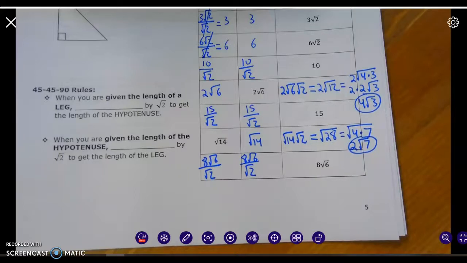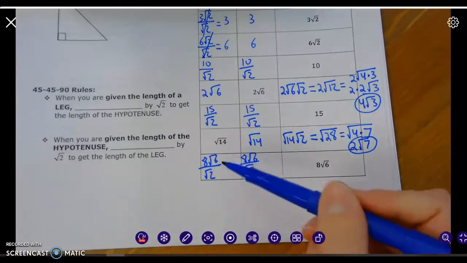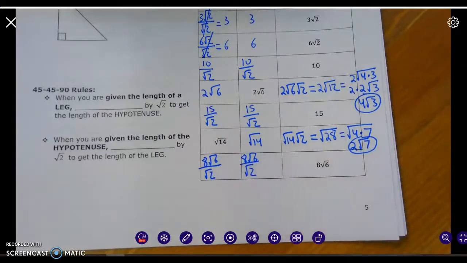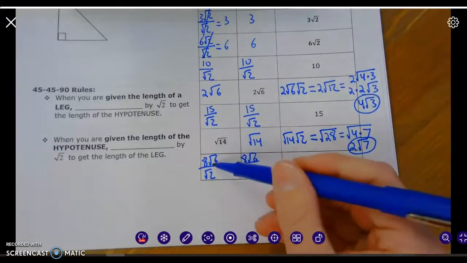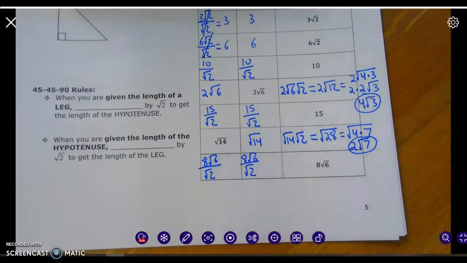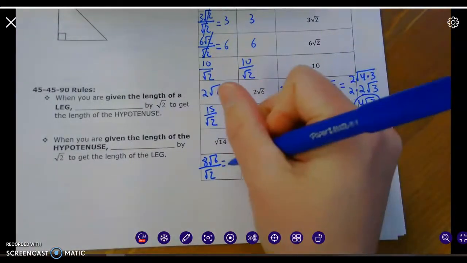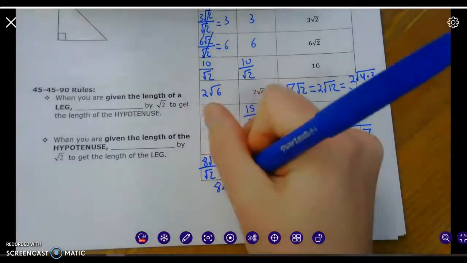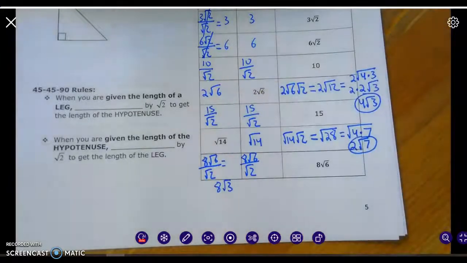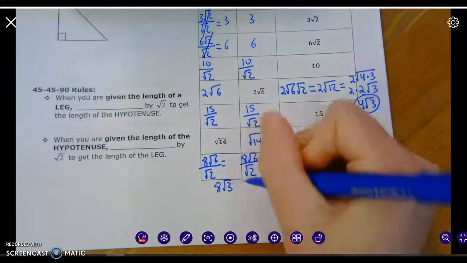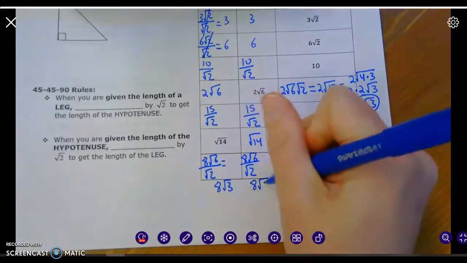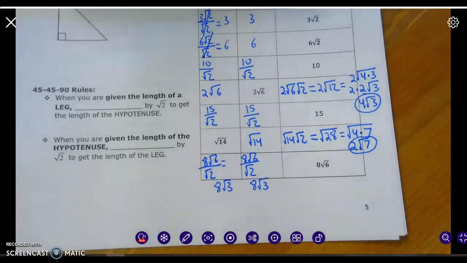Now, haven't really talked about this at all, but anyone want to guess what you could do with those square roots? Since the 6 and 2 divide evenly? Yeah. So actually what we could do here is make this look a little nicer and get 8 square root of 3. But you could.